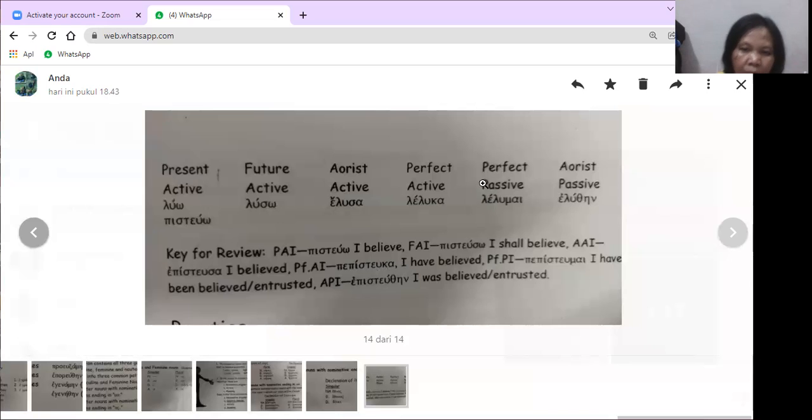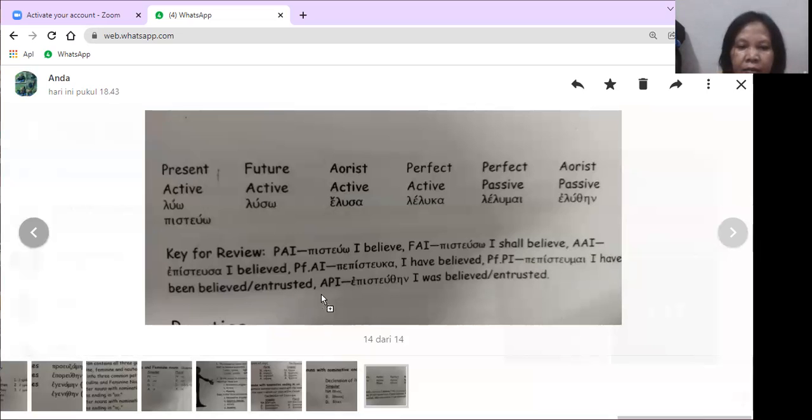For the perfect passive indicative, pisteuo becomes pepisteumai. The first form, pe, and the end form using mai. And the meaning in English, I have believed or entrusted.